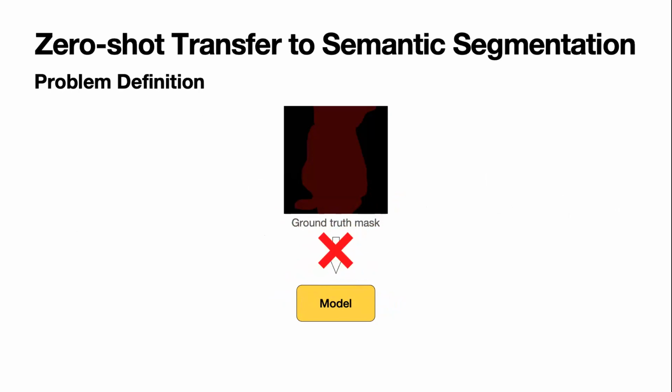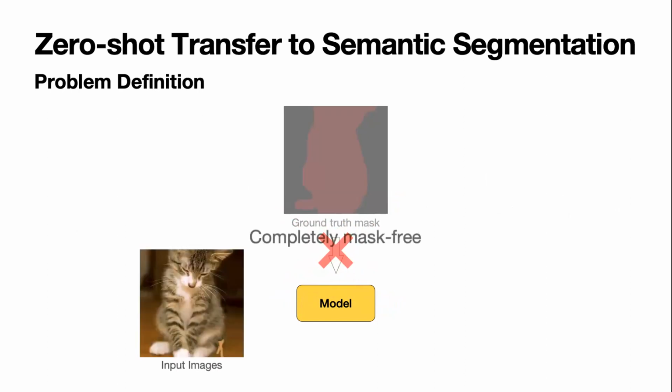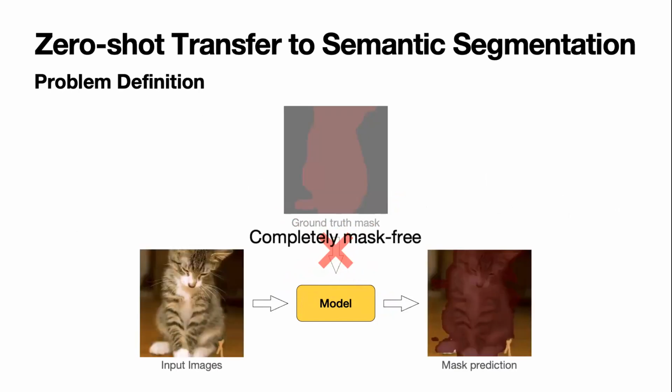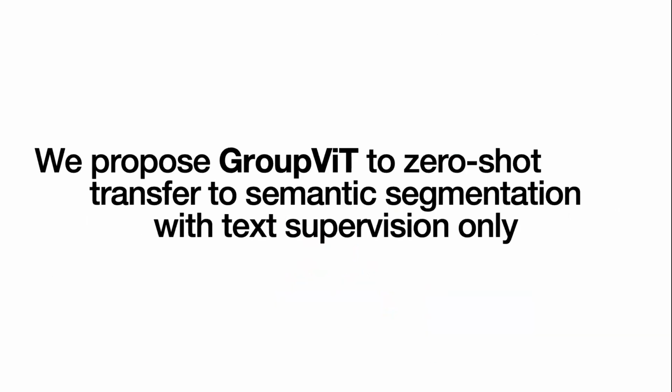The question we're trying to ask is, can we train a model in a fully self-supervised manner without using any segmentation labels to be able to predict mask labels? So we proposed a model called Group VIT, and it was intended to exactly perform this task, which is zero-shot transfer to semantic segmentation with text supervision only.